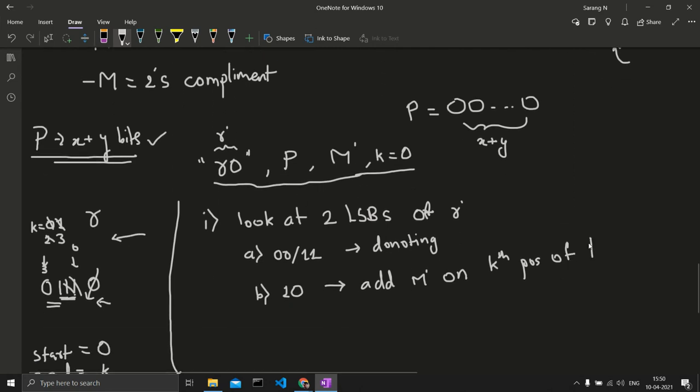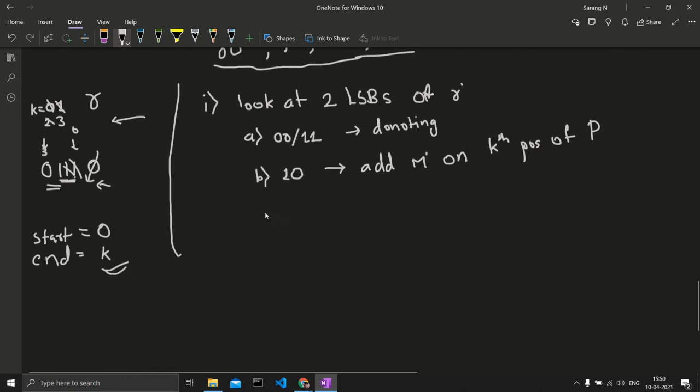Kth position of product P. And then if we get the end, the next case would be the end 0 1, right? If the end is 0 1, we know that we obviously defined the end as k.